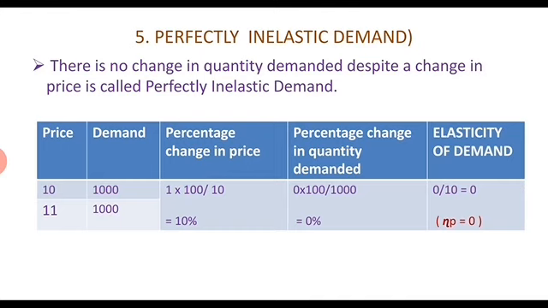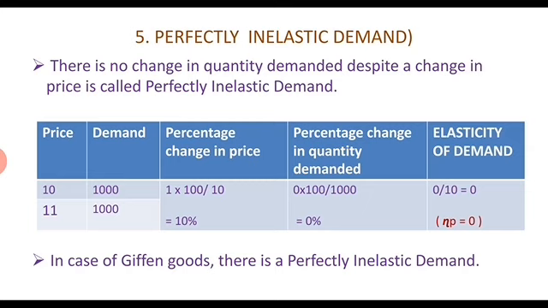There is no change in demand, 1000. Percentage change in price is equal to 10%. Percentage change in quantity demanded is 0. Here, elasticity of demand is equal to 0 by 10, which is 0. In perfectly inelastic demand, the value of elasticity is equal to 0.